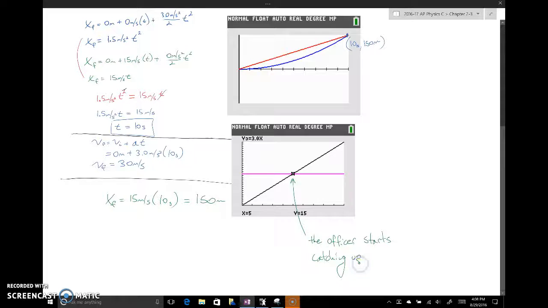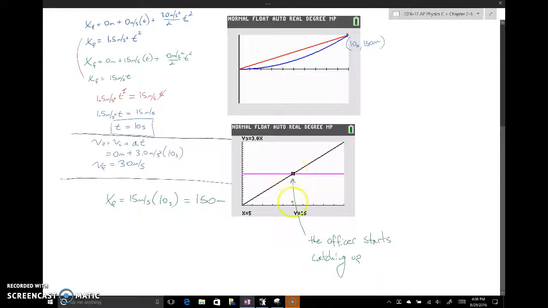Starts catching up. Think about it this way. The motorist is traveling at a constant velocity. The police officer starts at rest and slowly increases his velocity. So from 0 seconds to 5 seconds, the officer is traveling slower than the motorist. So the motorist is still getting away.